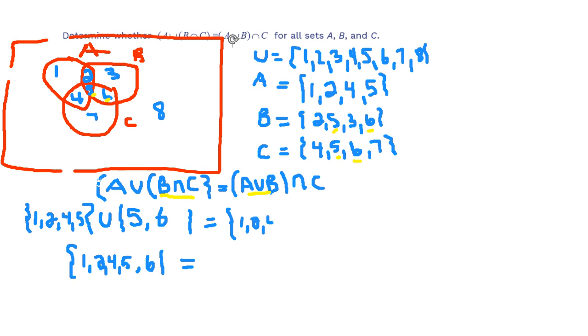That's what we get for A union B. Then we're going to have intersected with C. So let me write C is 4, 5, 6, and 7. Now we're looking at 1, 2, 4, 5 intersected with 4, 5, 6, 7.